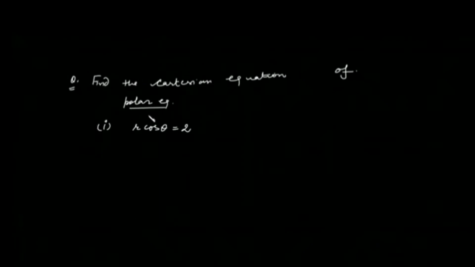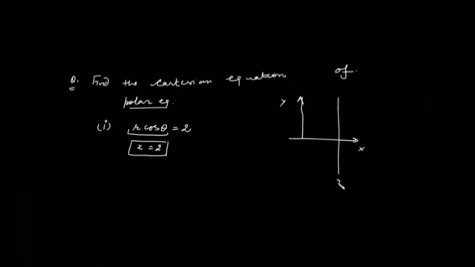So what is the form in Cartesian? Since we know that r cos theta is nothing but x, it is the equation of a vertical line, x is equal to 2. So r cos theta is equal to 2 in the xy plane is basically the line x is equal to 2.